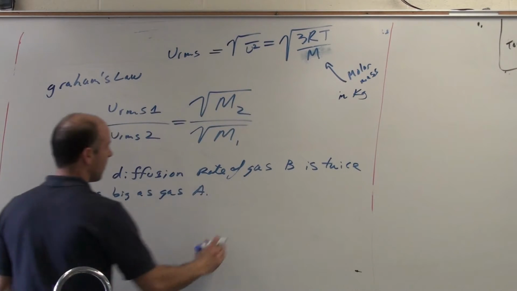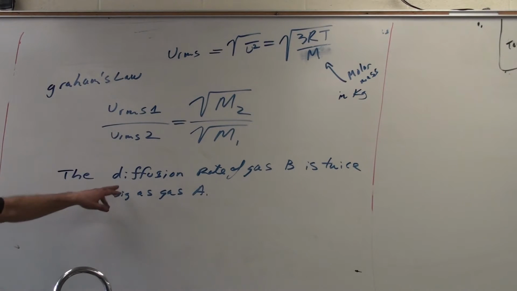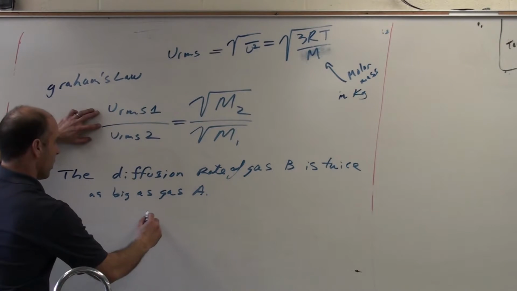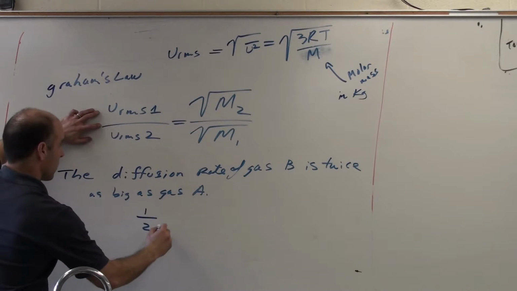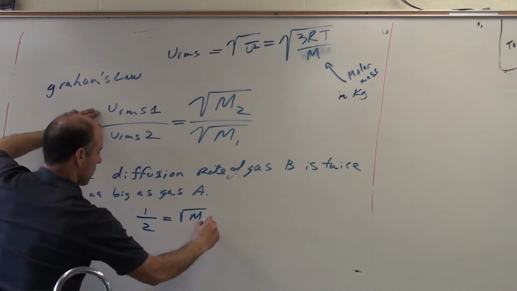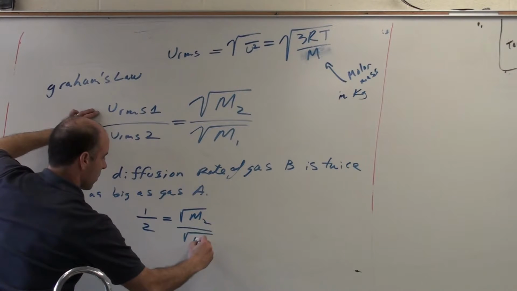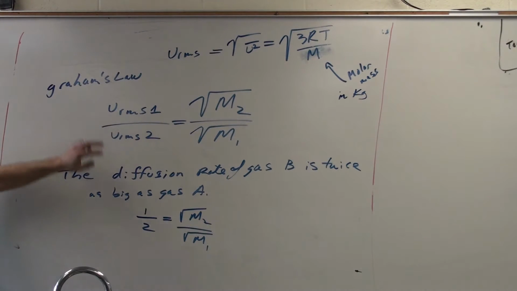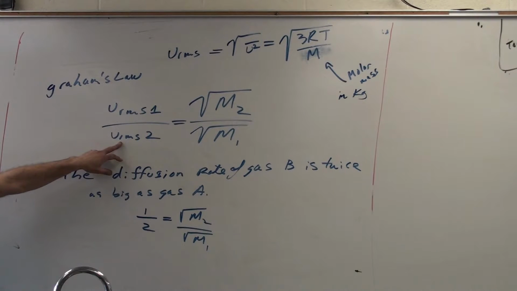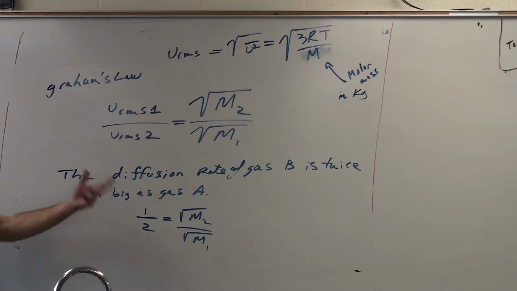So, if gas B diffuses at twice the rate of gas A, if I square this, I'm just making gas B gas 2 because I wanted it down there.